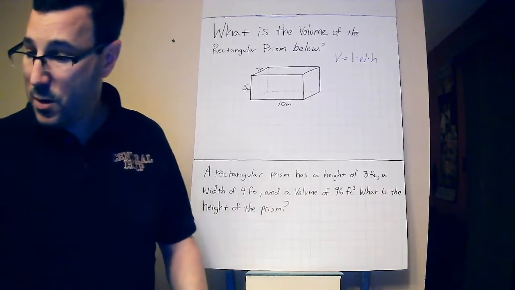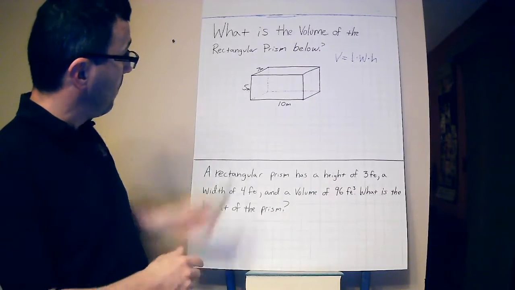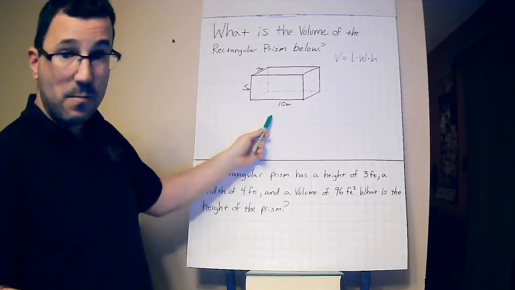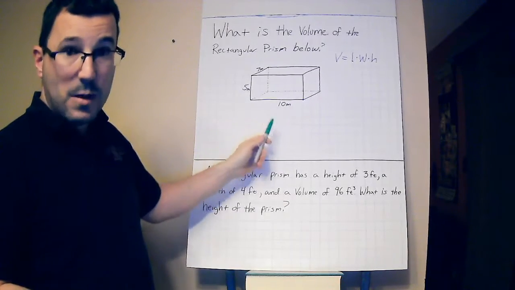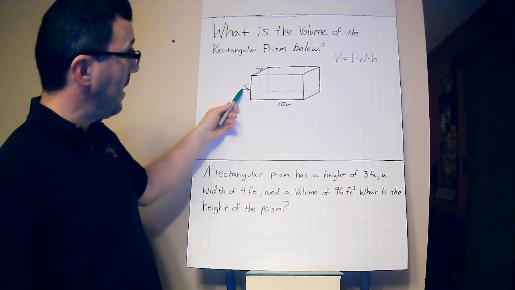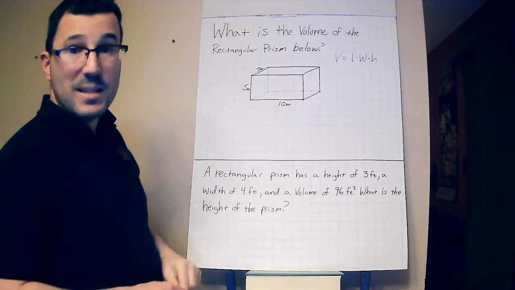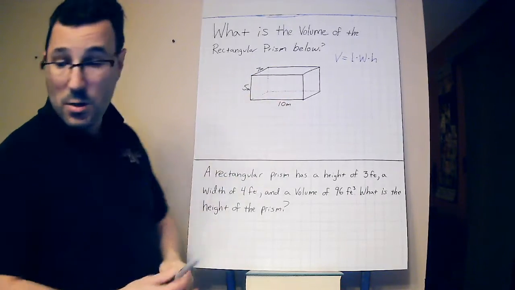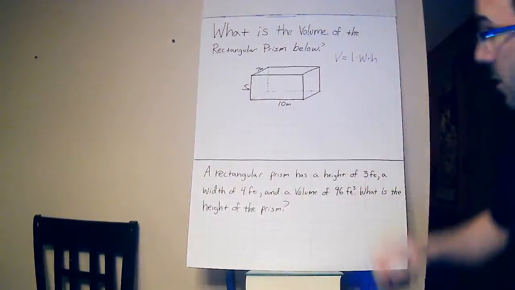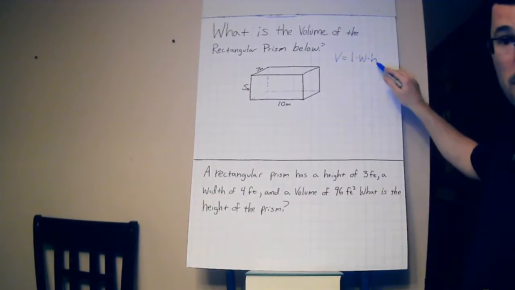So when I look, I see that I'm going to call this length is 10 meters. And the meters is actually going to become important very shortly. 10 meters, the height is 5 meters, and the width is 7 meters. So all I'm going to do is replace my variables. So V is volume, L is length, W is width, H is height.